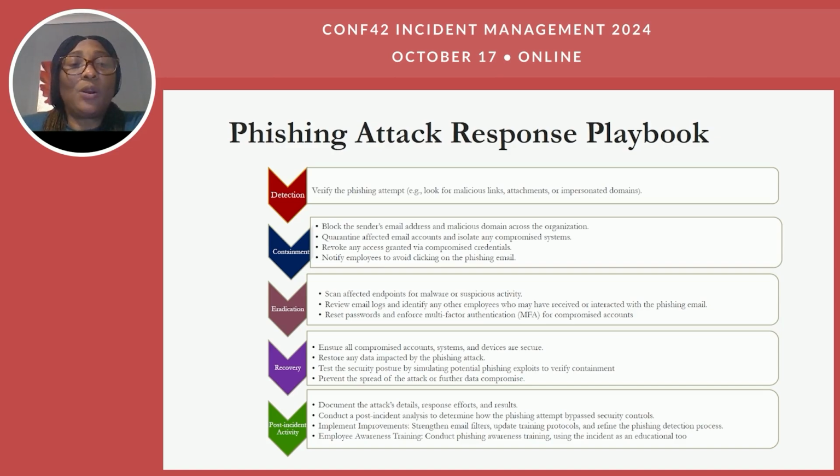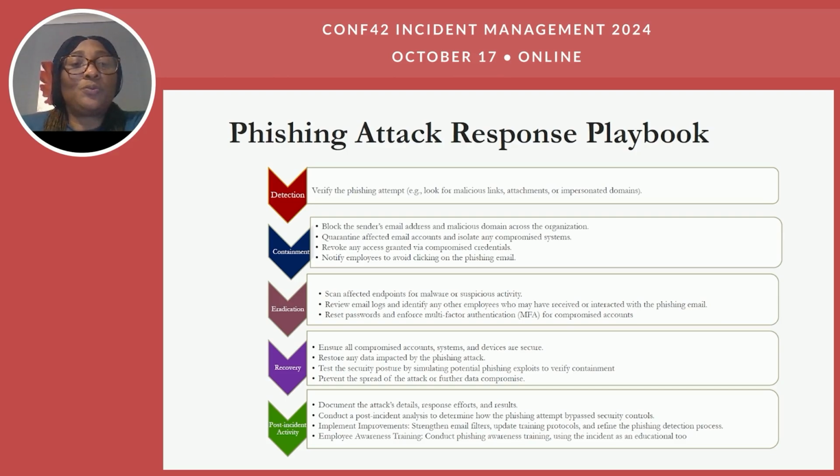Here you are ensuring that all the compromised accounts of the system are secured. You can test by also simulating a potential phishing exploit to be sure that there is no residue remaining within the environment. Then you have post incident activity. There you are reviewing the attack details, the response effort, and the results.